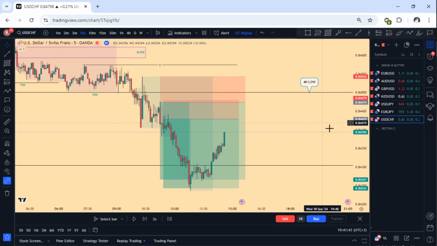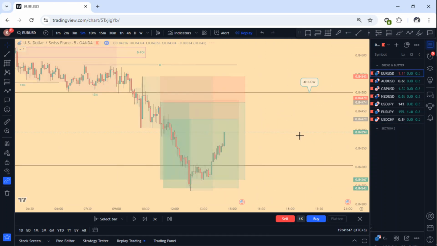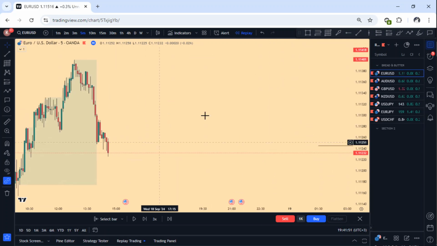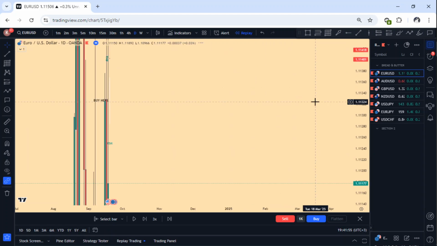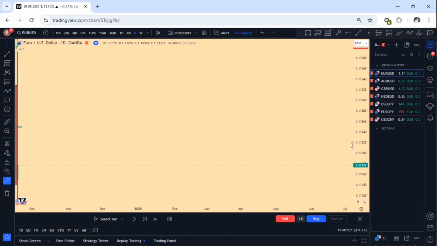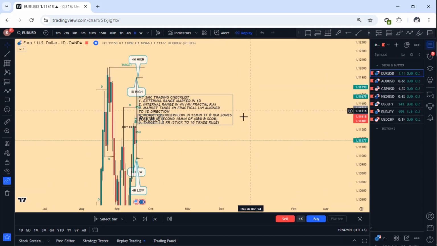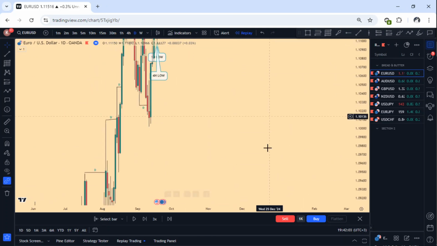So we start from the daily time frame, but before that I wish to show you the criteria, as I always do. I wish to show you the criteria under which we take such trades.